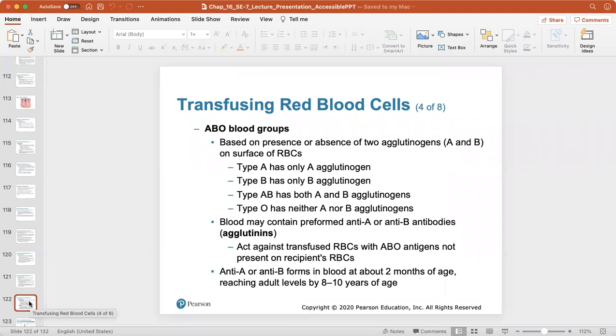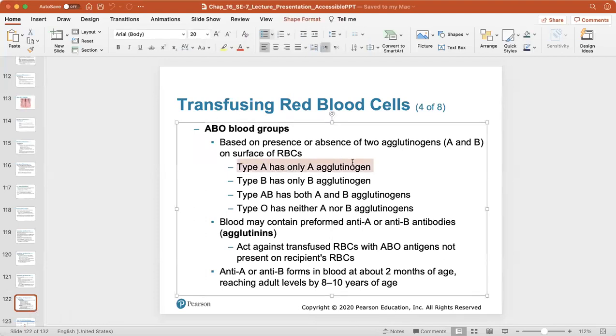So ABO blood groups: your blood type is based on the presence or absence of either A or B agglutinogen on the surface of your red blood cells. If you're type A blood, you have the A agglutinogen. If you're type B, you have the B agglutinogen. If you're type AB blood, you have both. And if you're type O, you have neither.